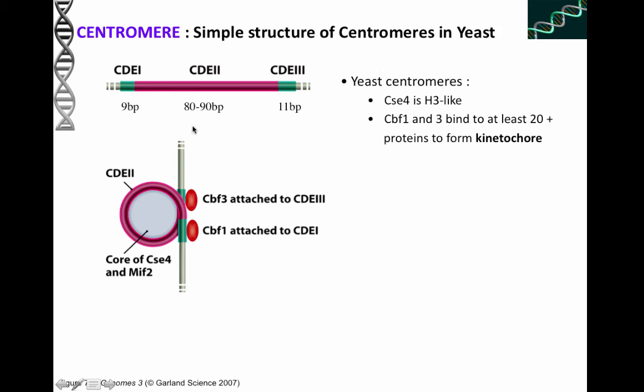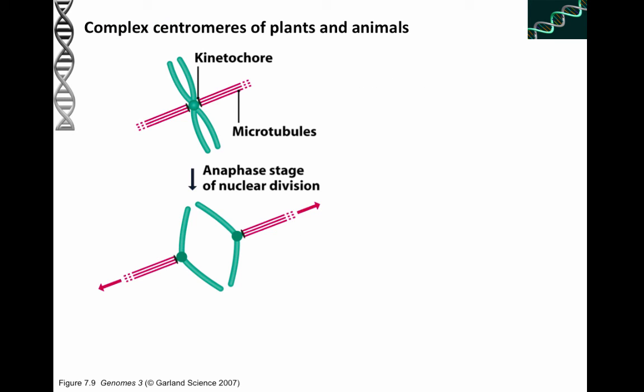So on this core region of the centromere, binding of CSE4 and MIF2, and binding of CBF1 and 3 form the core elements of the centromere, and 20 or even more additional proteins associate to form the critical kinetochore required for DNA segregation. The kinetochore is the location where the microtubule binds and pulls the chromosomes by the end of anaphase of mitosis to separate the duplicated chromosomes.